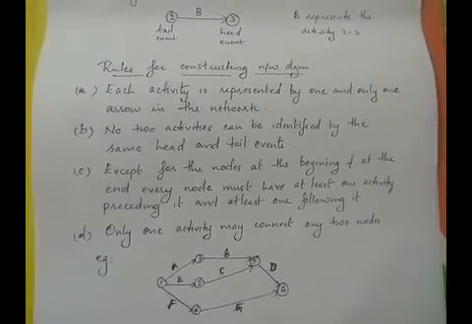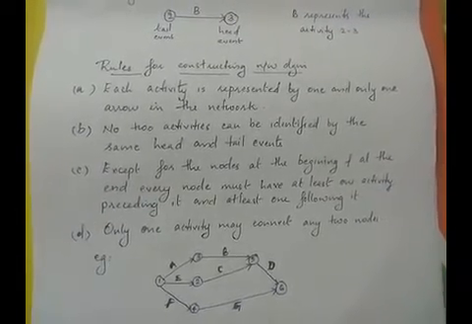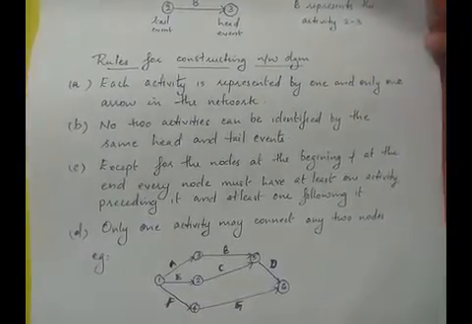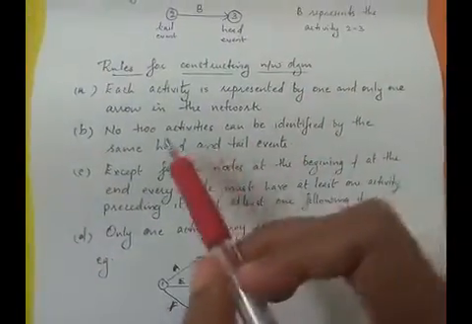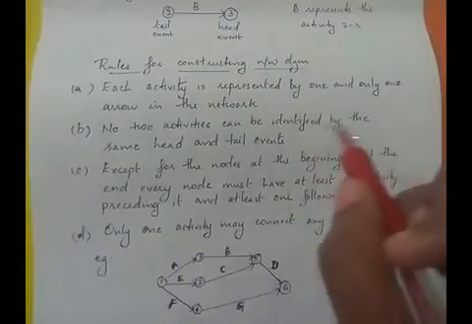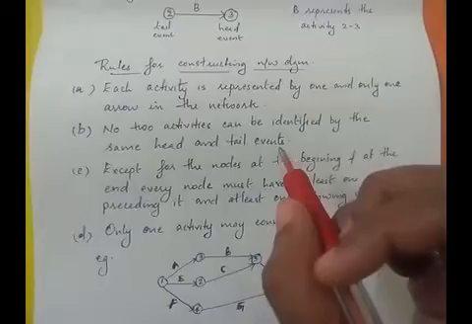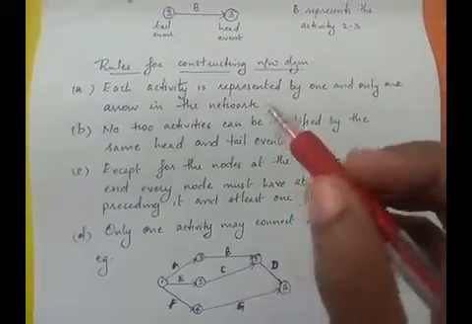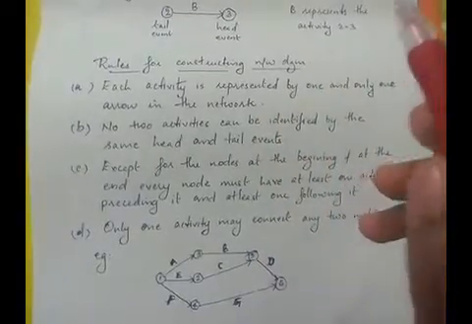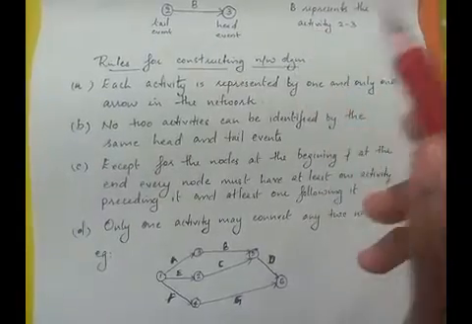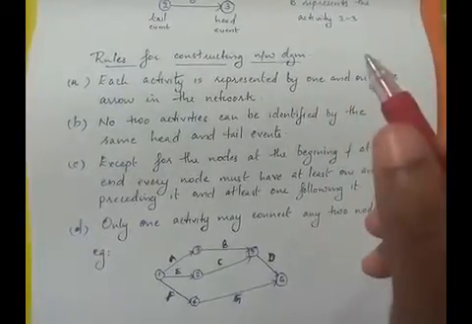Now no two activities can be identified by the same head and tail event. That's the second rule. That means each activity should have unique starting and ending events.